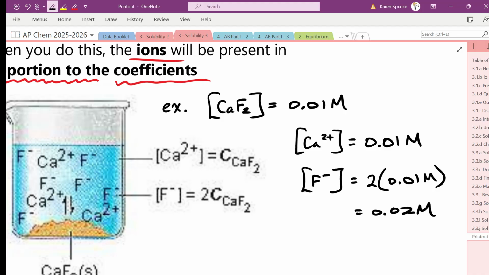How can the concentration of ions be more if not all of it is dissolved? Because when we say the concentration of CaF2, that means how much CaF2 dissolved.